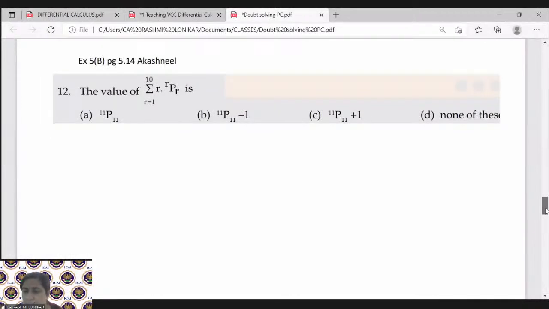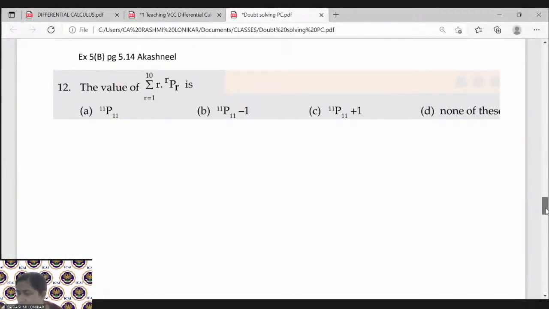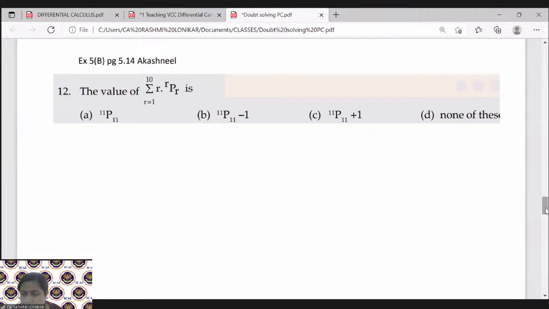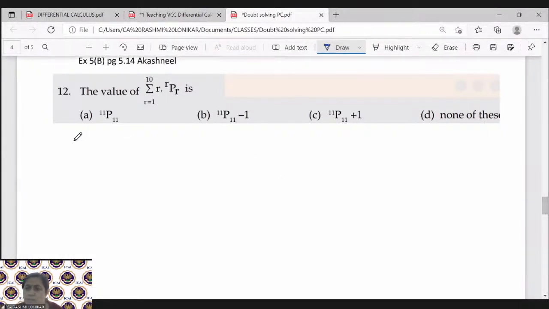Okay. Akashleen, this is a very good sum that you've asked. So I will just solve this last sum over here. Here I have summation r going from 1 to 10 of r into rPr. They are asking you to find the summation of this. So let me put it this way.